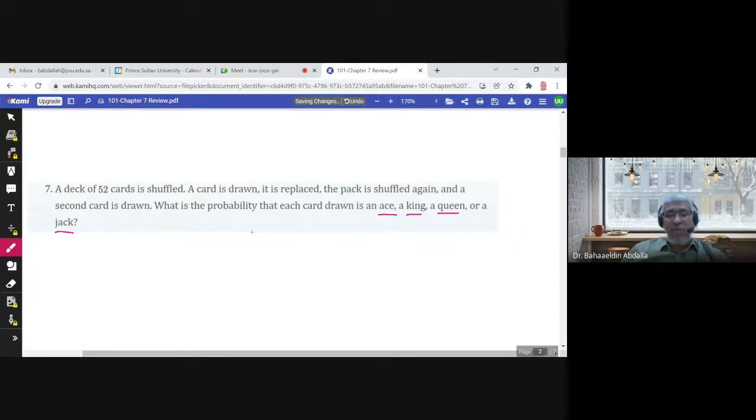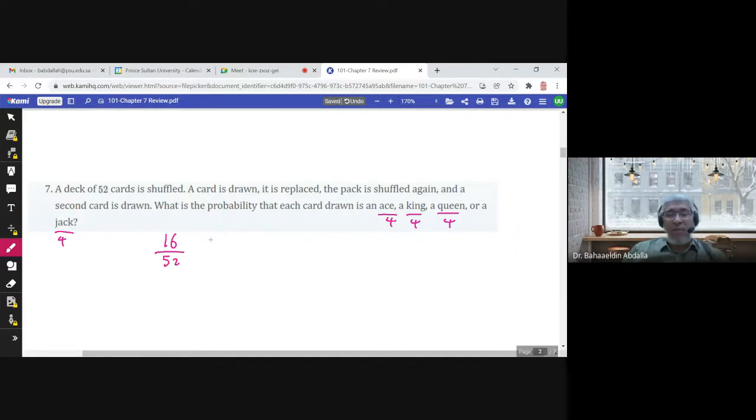Each card. So let us discuss the first card. What is the probability that the first card is one of these four? So how many of these four do we have? We have four aces, four kings, four queens, four jacks. So how many? 16. We have 16. So the probability that the first card is one of these is 16 over 52.